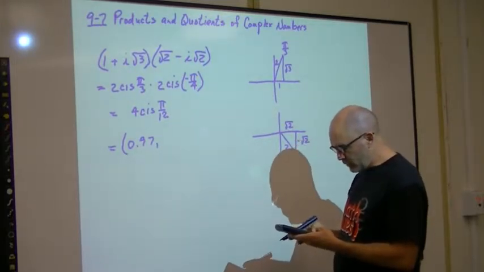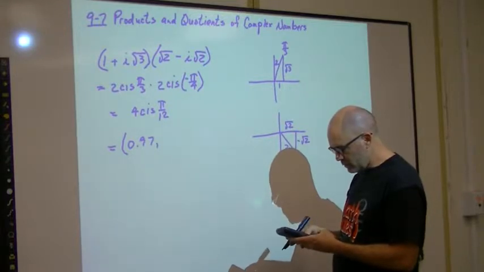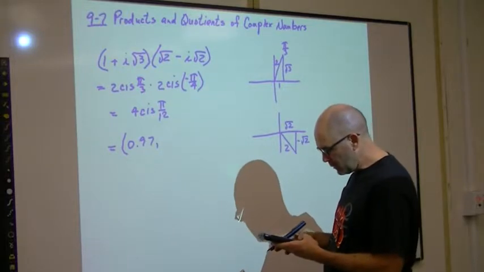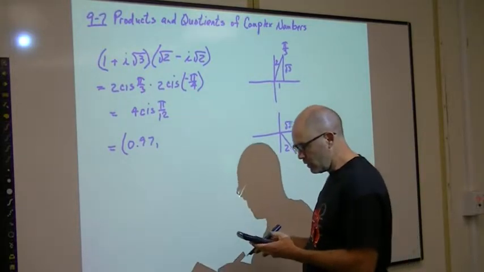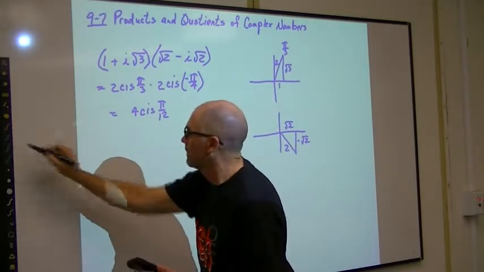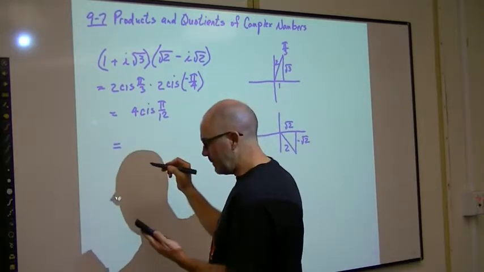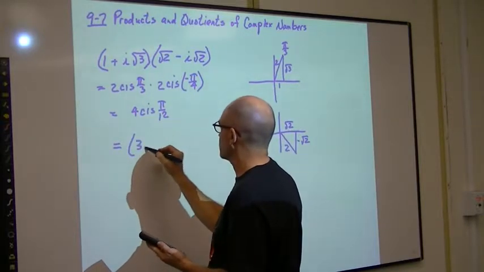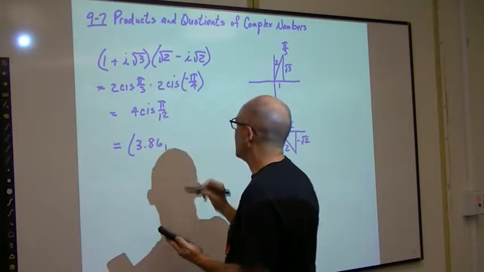Pi over 12, cosine of that, yeah, so we've got to multiply it by 4. So this becomes 3.86 in the x direction.